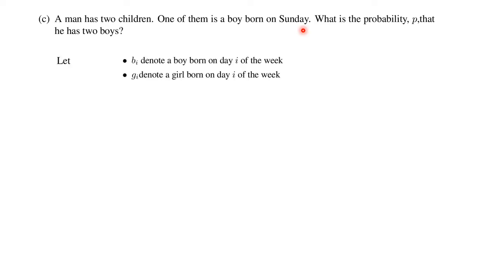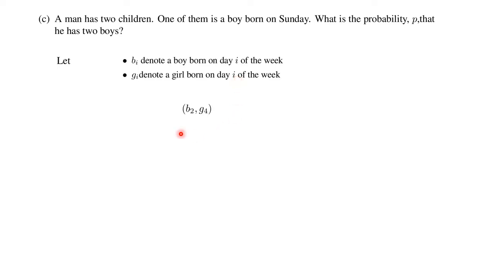Let's set up some notation to describe this. For integer i, let's have Bi denote that a boy was born on day i. So B1, day 1, that's Sunday. B2, it's a boy born on day 2. And the same for the girl.